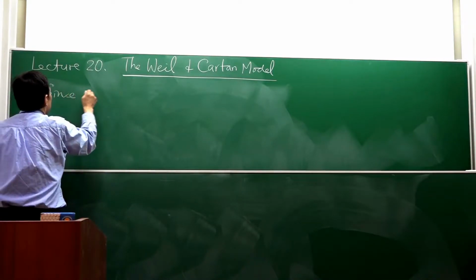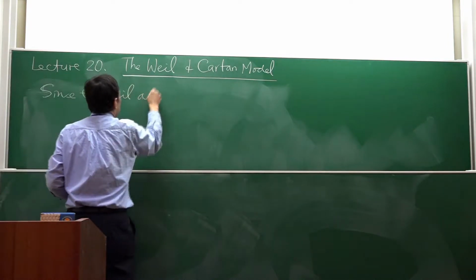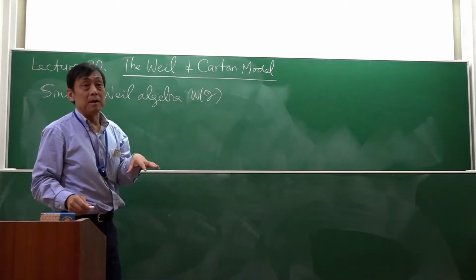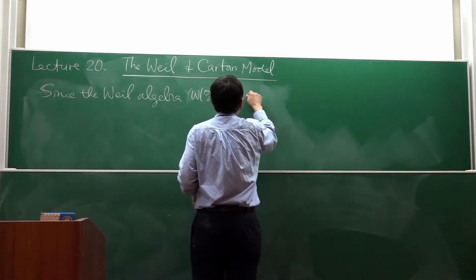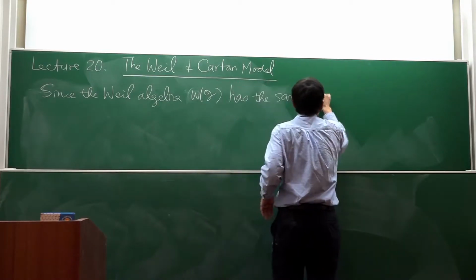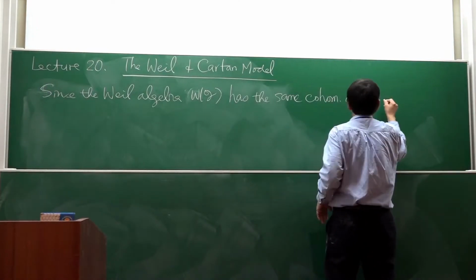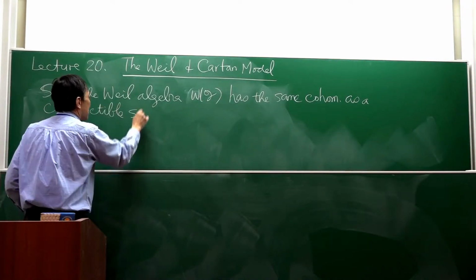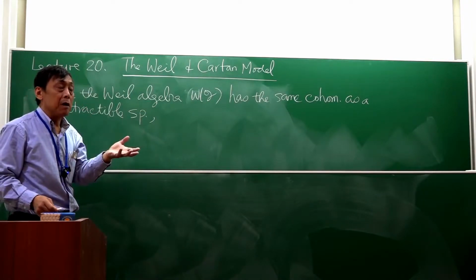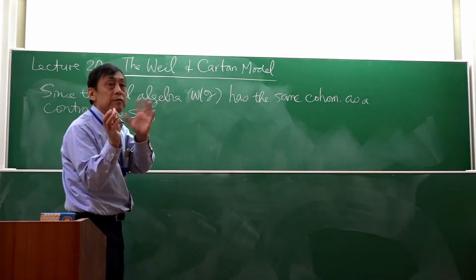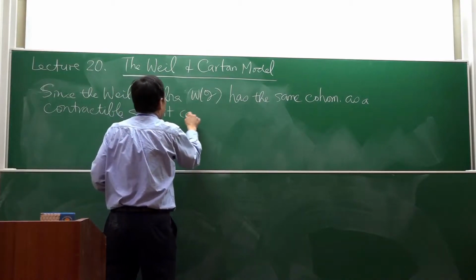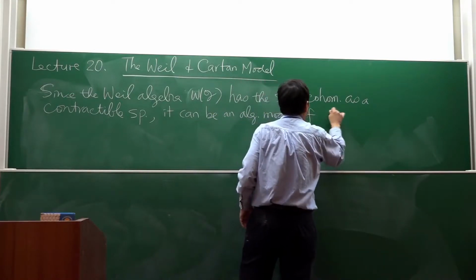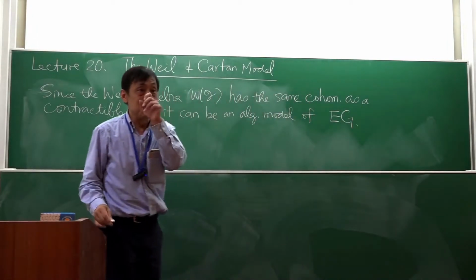So since the Weil algebra has the same cohomology as a contractible space, it can be an algebraic model of the total space EG. EG is contractible.